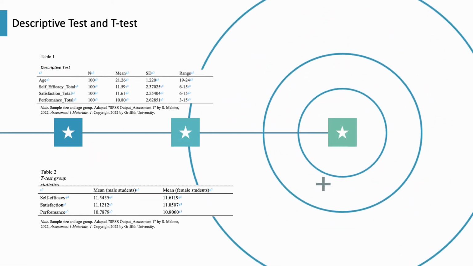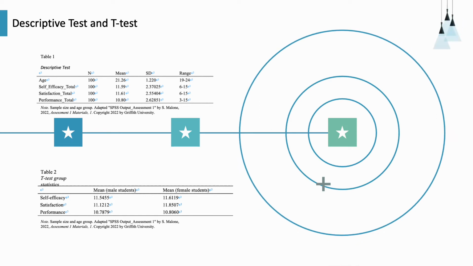Next, I will show you the results of the research. The first one, the descriptive statistics, showed that the sample size is 100, aged between 19 years old and 24 years old.